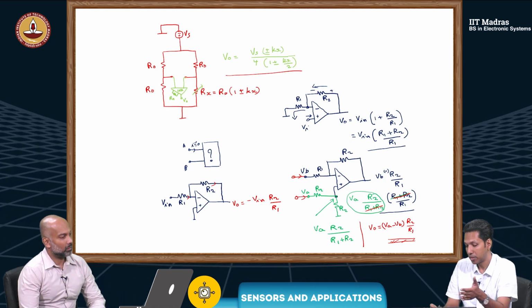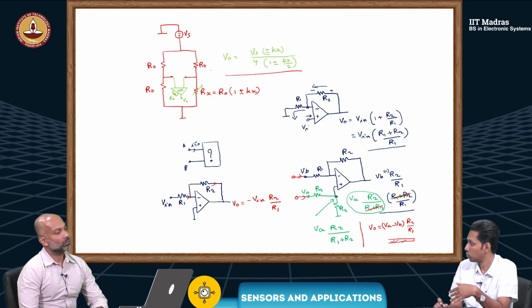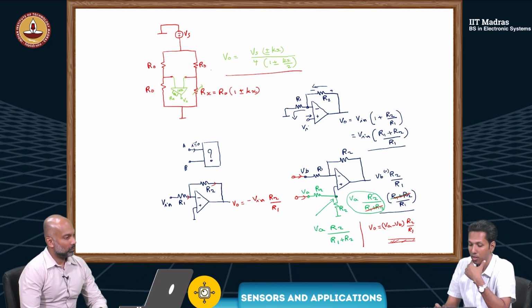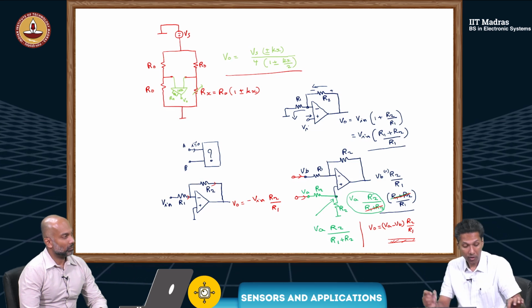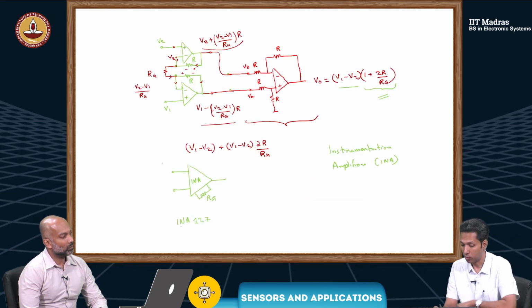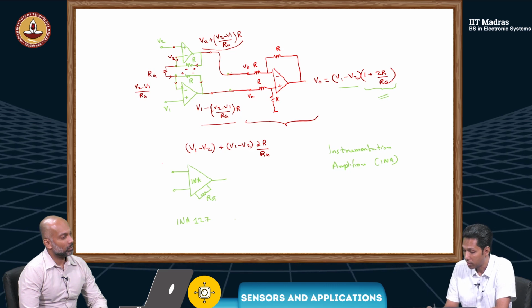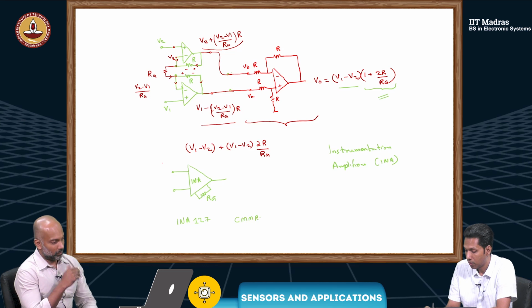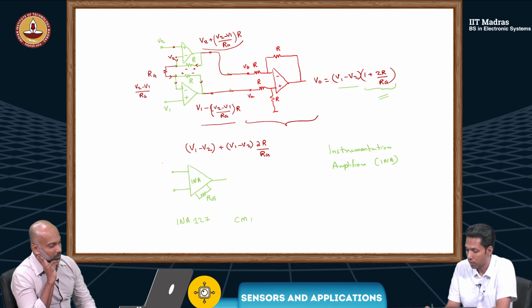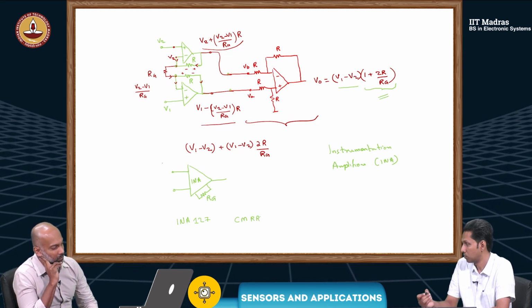Similarly, we were saying this has got Vs by 2 common mode voltage. Students can also check, for this IC, what's the CMRR. It's available.